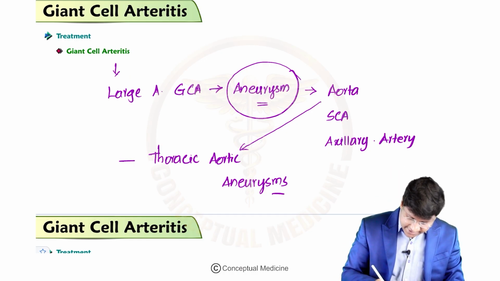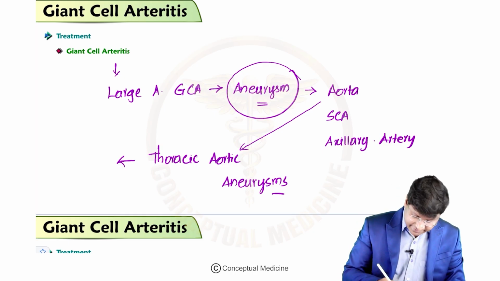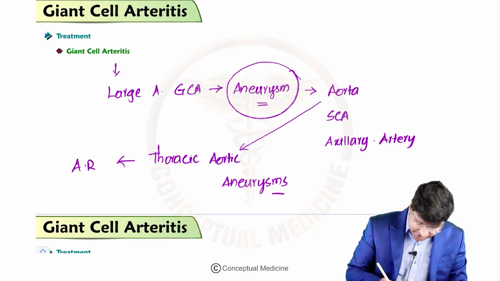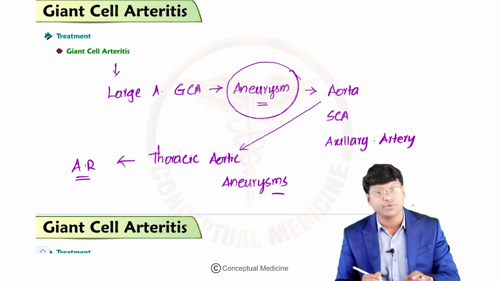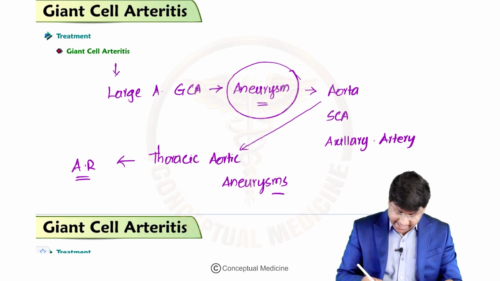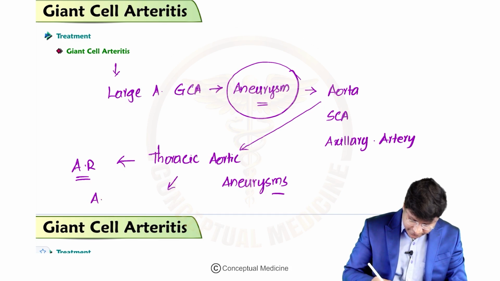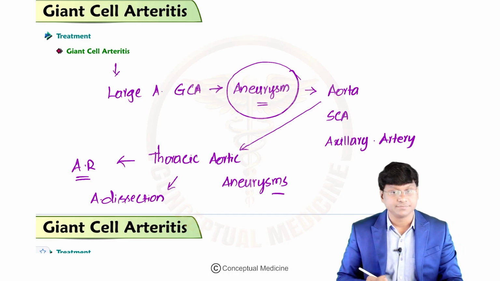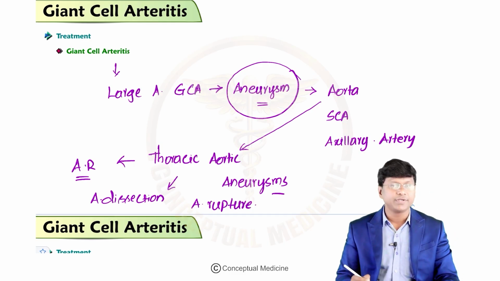Because of thoracic aortic aneurysms, the individual can develop aortic regurgitation. There can also be development of aortic dissection and aortic rupture.